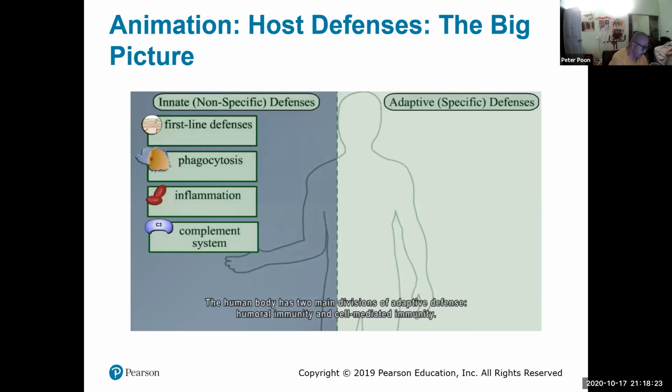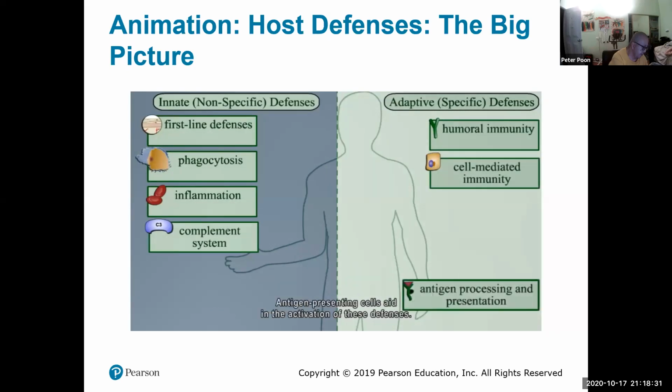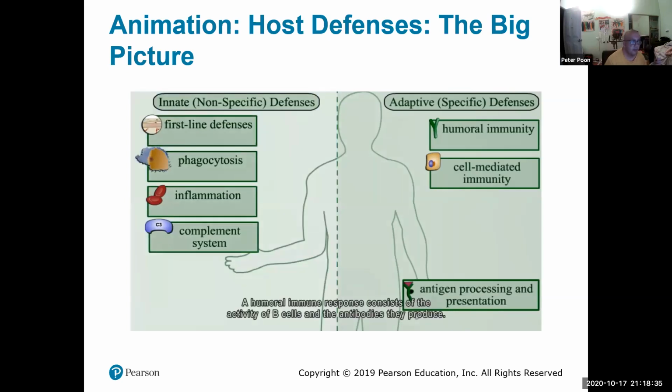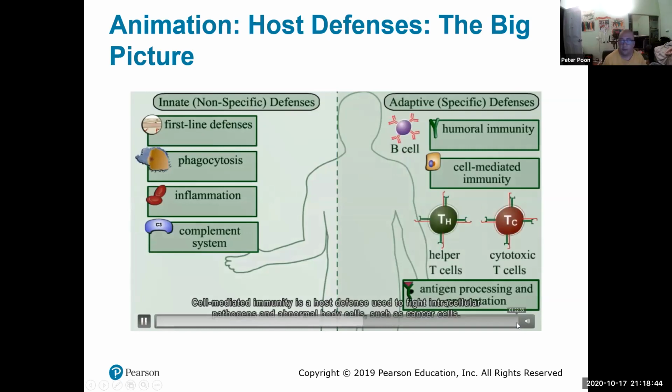The human body has two main divisions of adaptive defense, humoral immunity and cell-mediated immunity. Antigen-presenting cells aid in the activation of these defenses. A humoral immune response consists of the activity of B cells and the antibodies they produce. Cell-mediated immunity is a host defense used to fight intracellular pathogens and abnormal body cells, such as cancer cells.